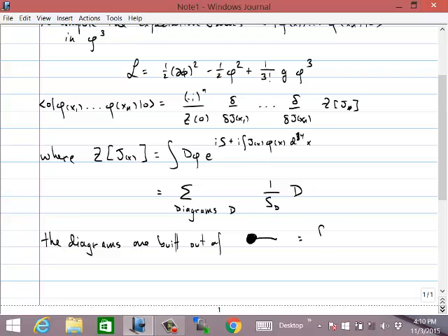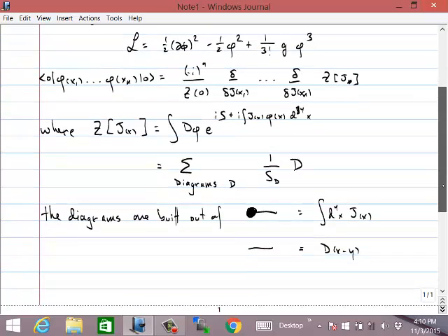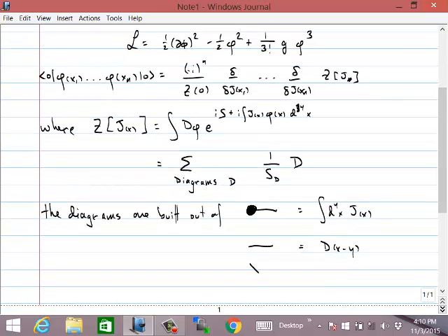So an external vertex, say, gives you an integral of the source j. We have propagators, which give you factors of the Feynman propagator connecting 2 points. And then we have interaction vertices, which give you factors of the coupling constant.